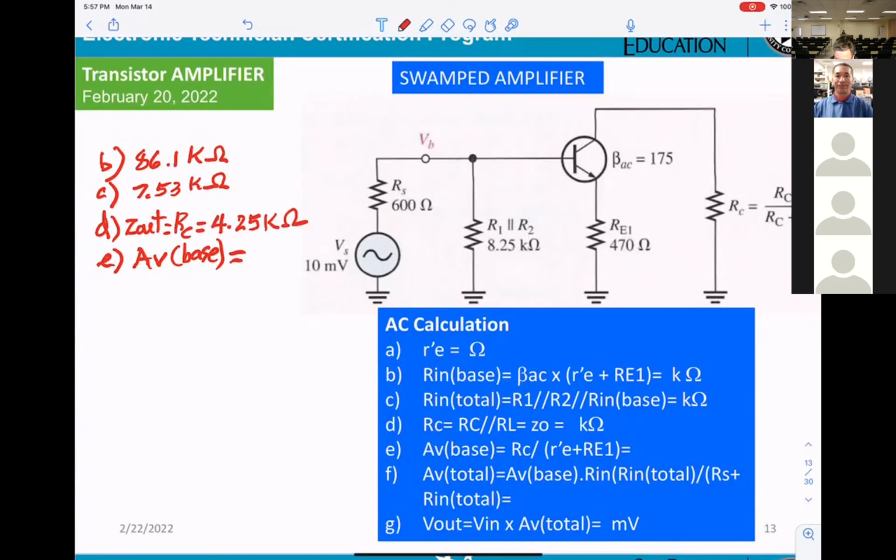AV at the base. AV at the base, 8.67. What? I got 9.55. If you substitute the value into that and calculate it, I get 8.67.